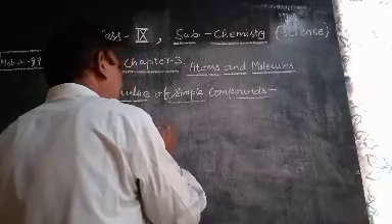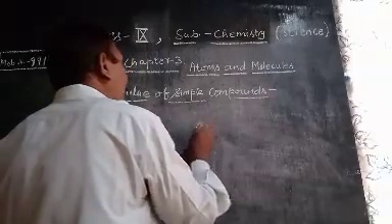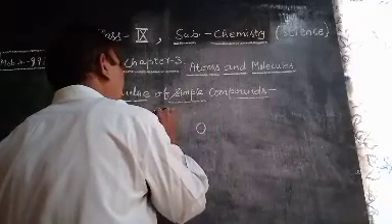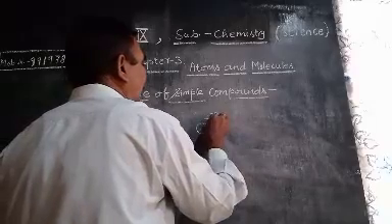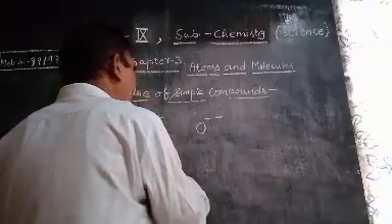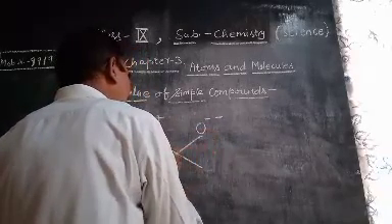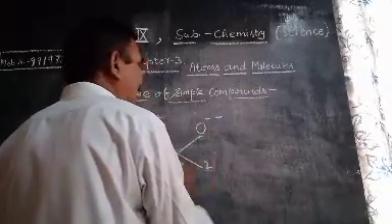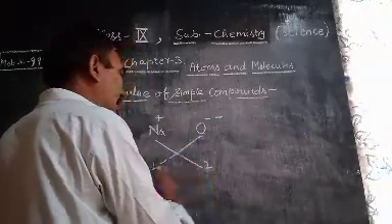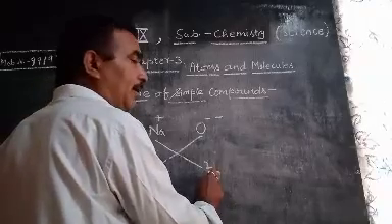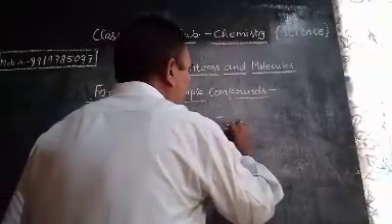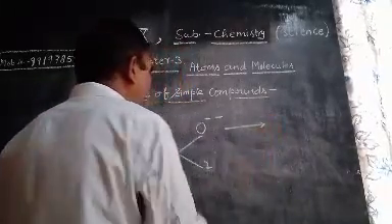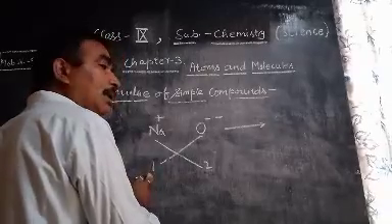Sodium oxide, Na and O. Valency of Na is 1 and oxygen is 2, minus 2. Take LCM of 1 and 2, you will find 2, and 2 is divided by 1, that will be 2.